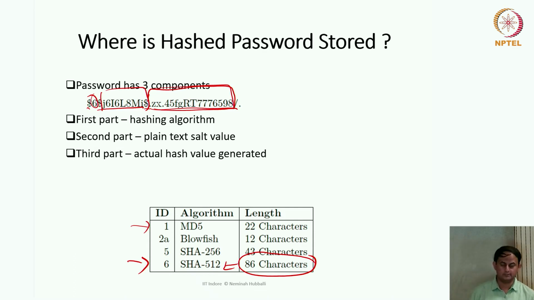So this is exactly how the passwords are maintained. I repeat, the first value is the index to the algorithm, the second component is the plain text salt value, and the third component is the actual hash value corresponding to the password of that user.